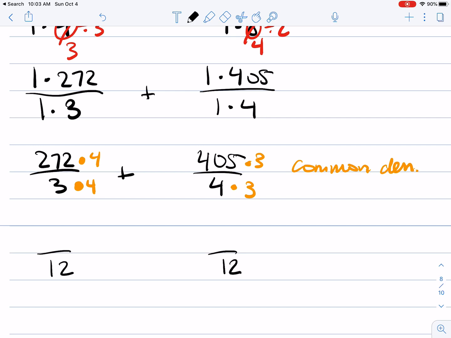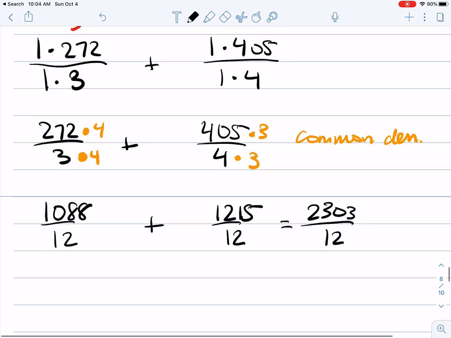So 272 times 4 gives me 1,088. 405 times 3 is 1,215, and I'm going to add those together. 2,303, all that over 12.